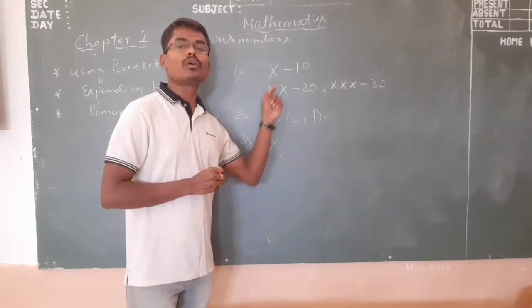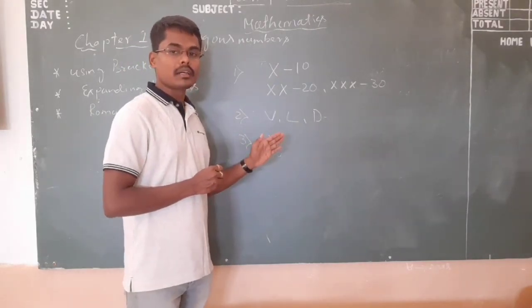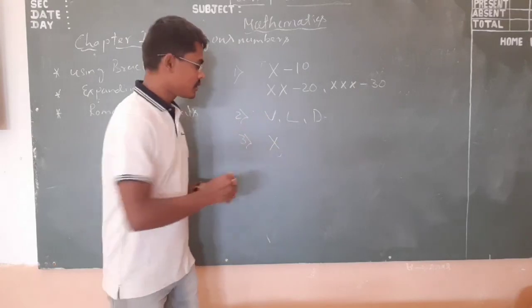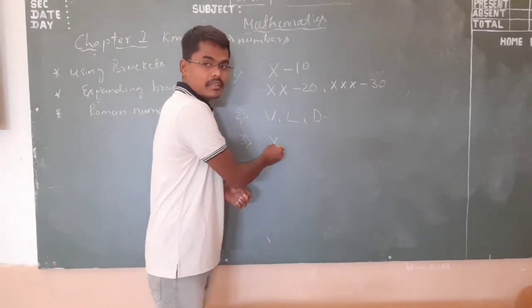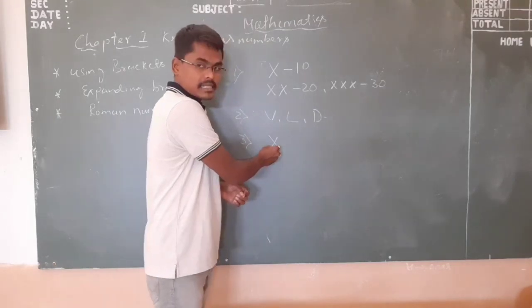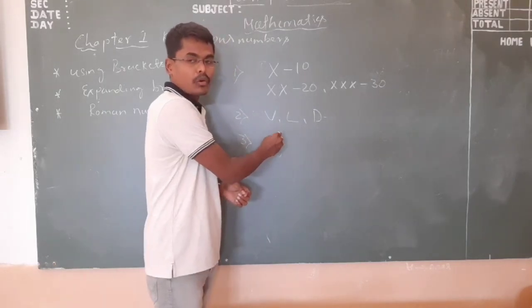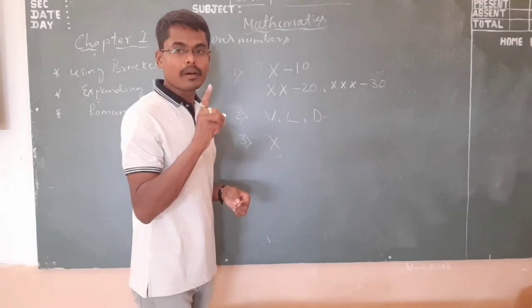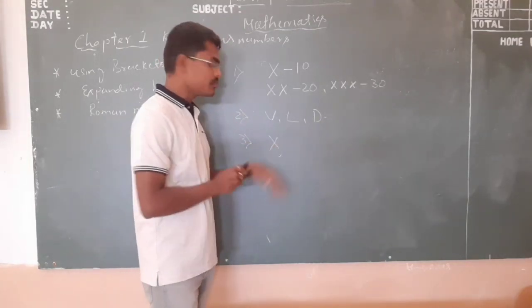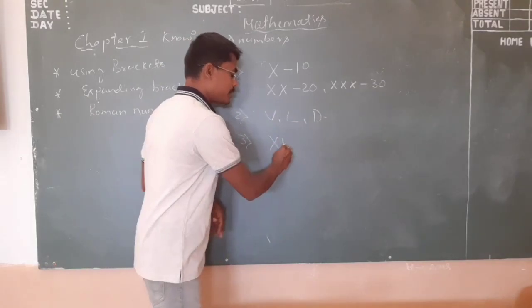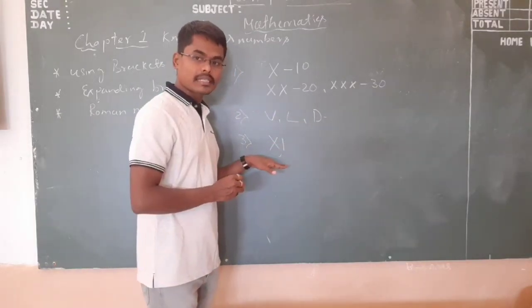If I am going to write a small number to the right side of this greater number, here X is 10, this is a greater number, I am going to add number 1 to the right of this great number. Initially it was X, right?